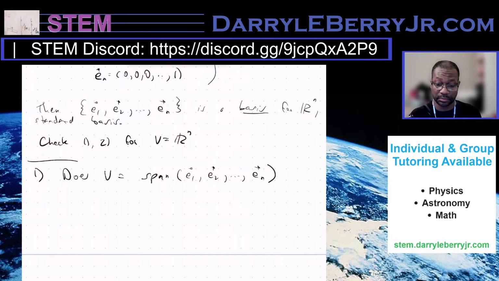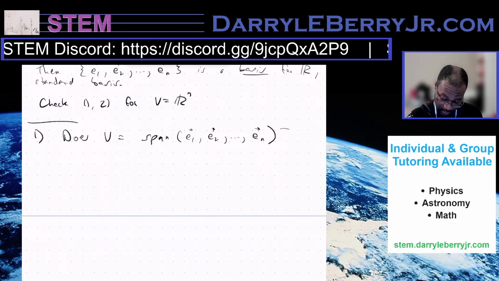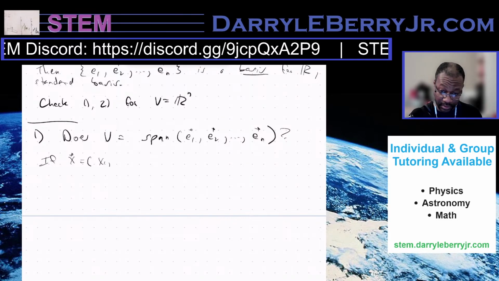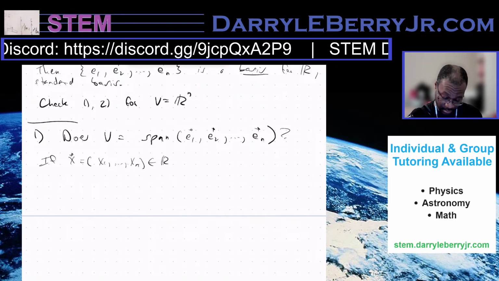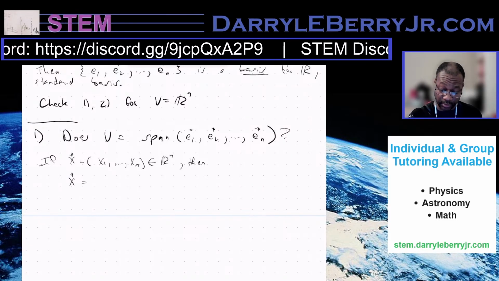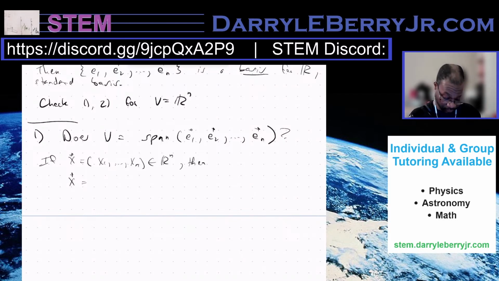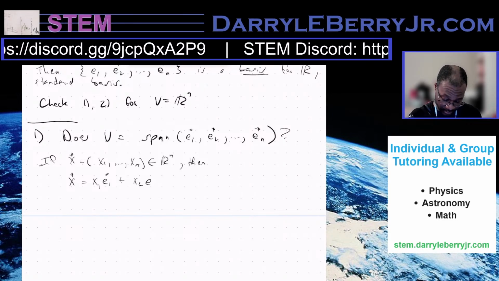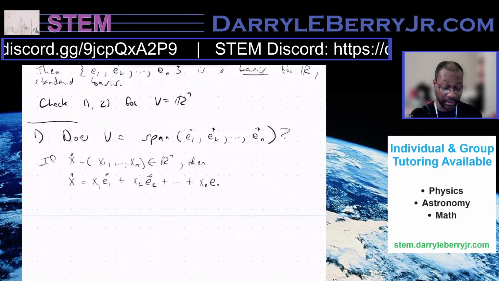They say for one, if x equals x1 through xn in Rn, then x equals x1 e1 plus x2 e2 plus through xn en.